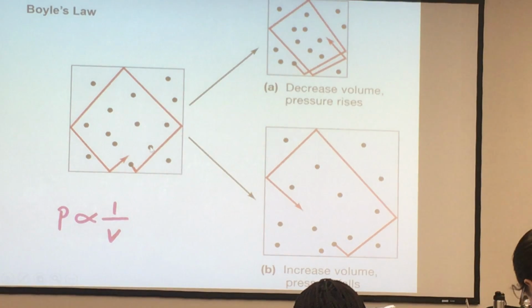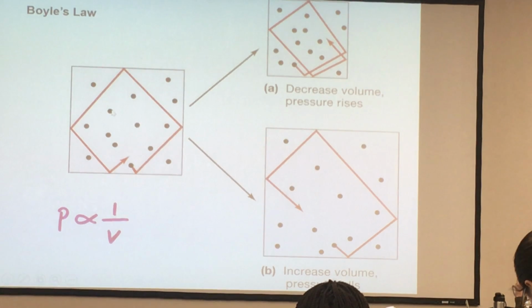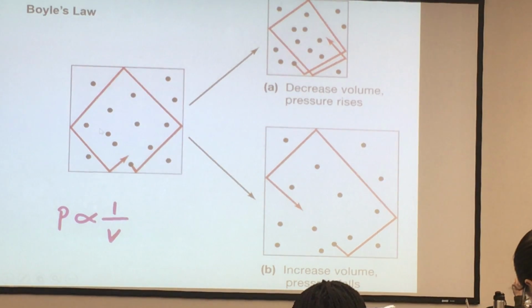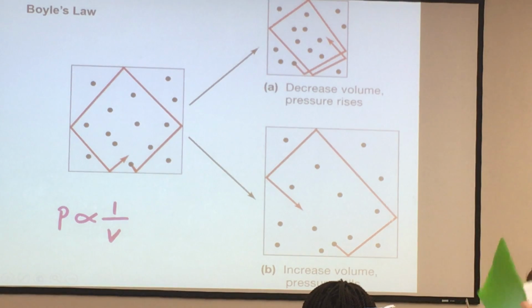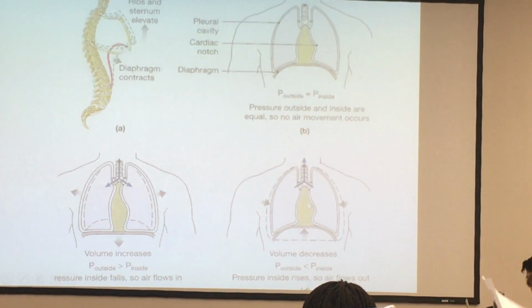And I'll give you one example. If we have a fixed amount of gas in one spot, let's say oxygen, and we reduce the volume, then pressure increases. If we increase the volume, then pressure reduces. A good example is here.